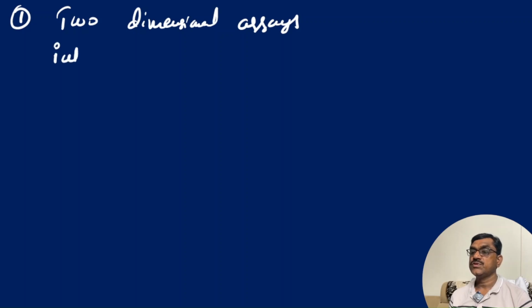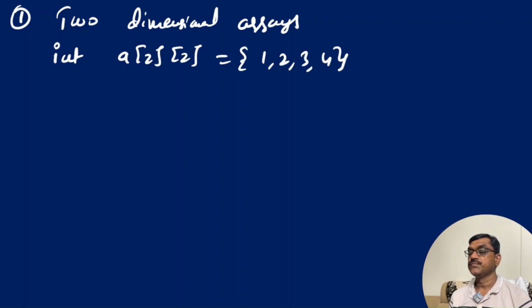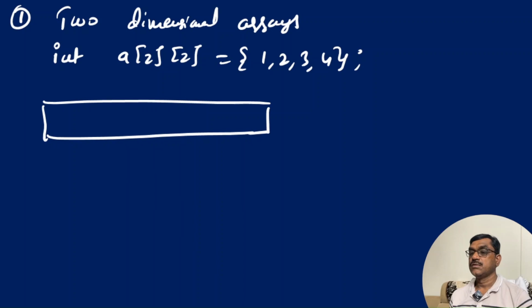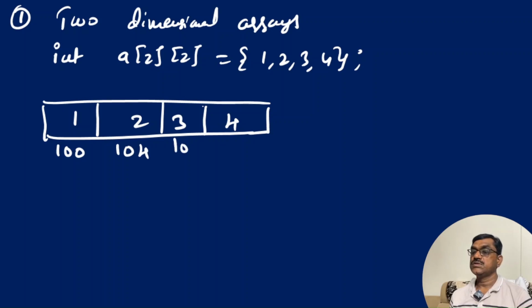Let us take a two-dimensional array, int a[2][2] = {1, 2, 3, 4}. These are the elements, and this is the memory representation of 4 locations. 1, 2, 3, 4. And the address of the first element is 100. Assume that 104, and this is 108, and this is 112.